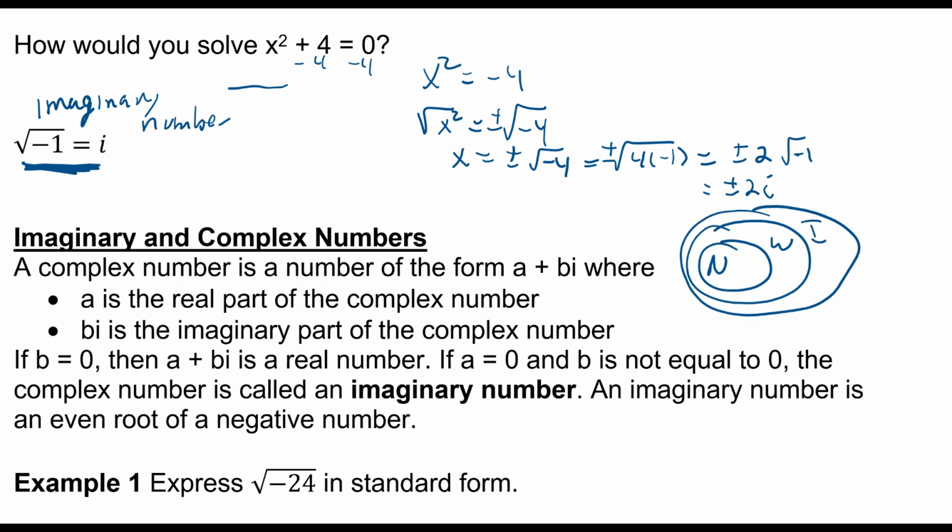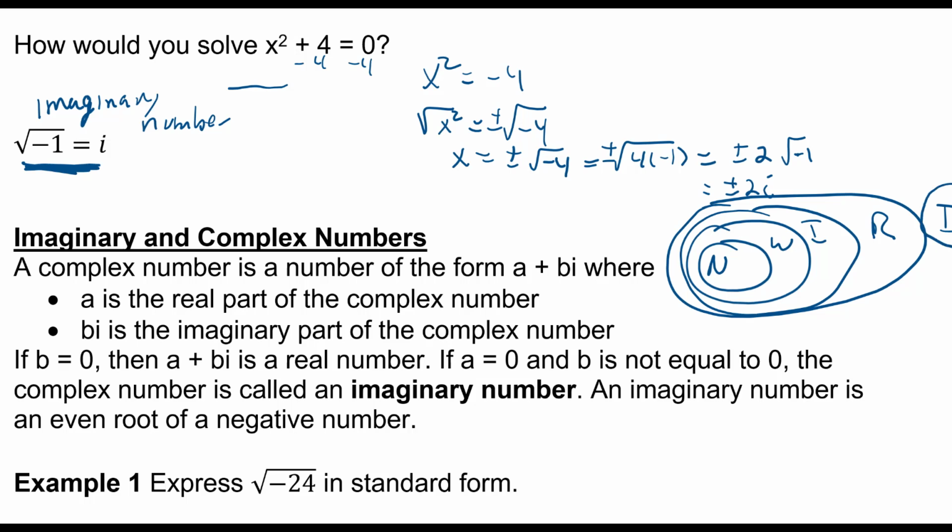Notice these are inside that world, or like a Venn diagram. So we have integers, then we have rational numbers. I guess these fall within the world too, yes. Rational numbers. Then we have irrational numbers.